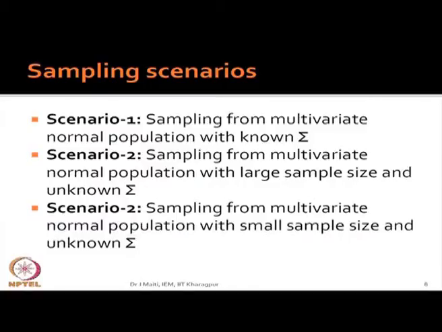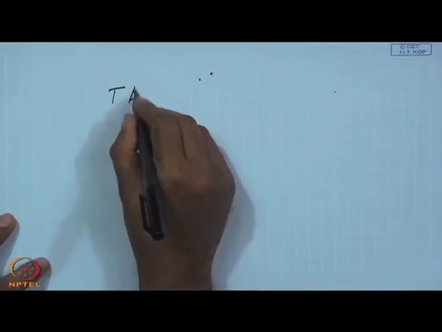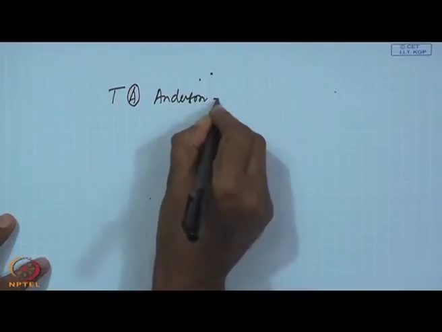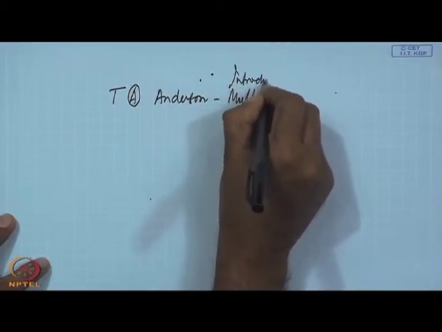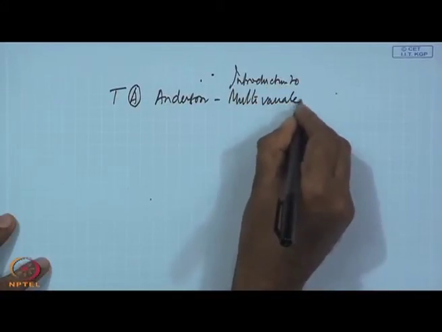If you want to know how things are derived in the first scenario, there is one good book which I forgot to tell you about in the beginning, that is T. W. Anderson, Introduction to Multivariate Statistical Analysis.